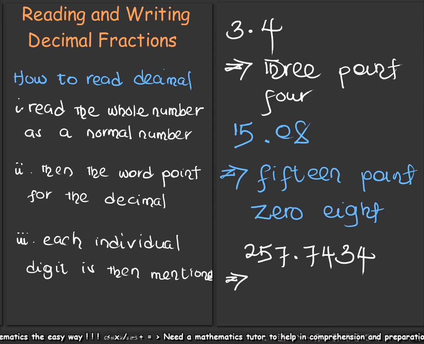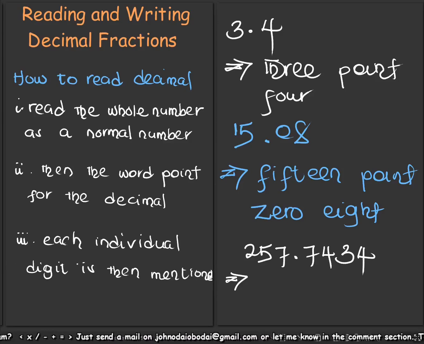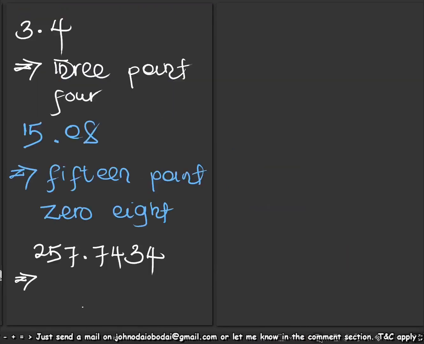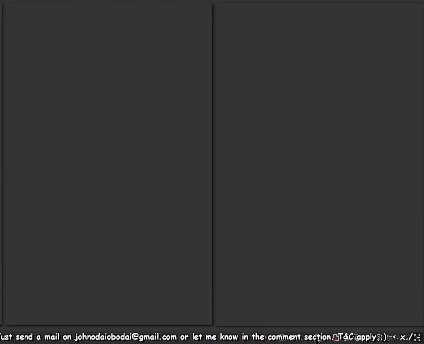Now, when it comes to algebra, sometimes decimals are written for you to convert into their numerical figures. Before we can do that, let's quickly look at a review of the place value system in decimals.